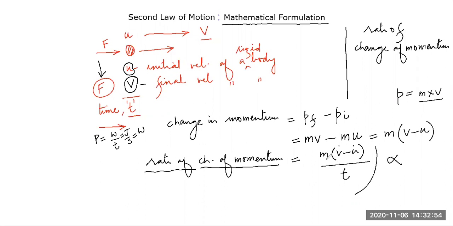So it says m(v minus u) divided by t is proportional to F. F is the force which has been applied on the object whose initial velocity was u, and in time t its final velocity increased from u to v as a result of the application of force.